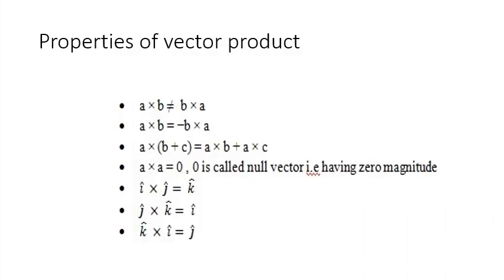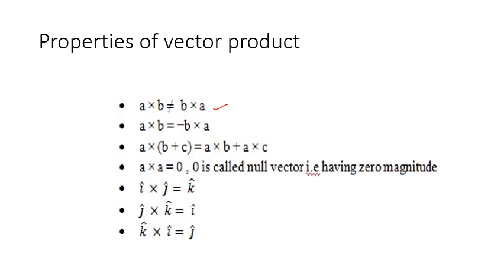Okay, let us see the properties of vector product. So first property is A cross B is not equal to B cross A, that is, it is not commutative. A cross B is not equal to B cross A, but A cross B is equal to minus B cross A. Vector product is not commutative.